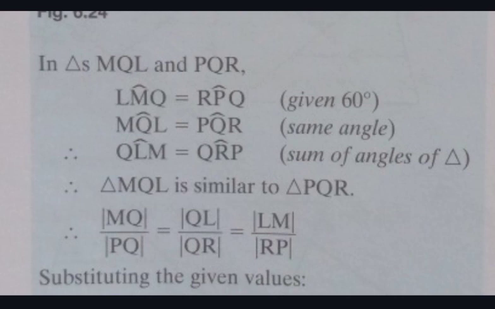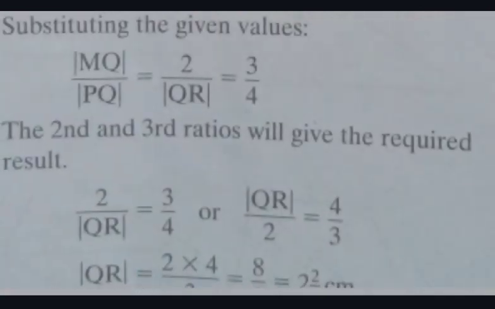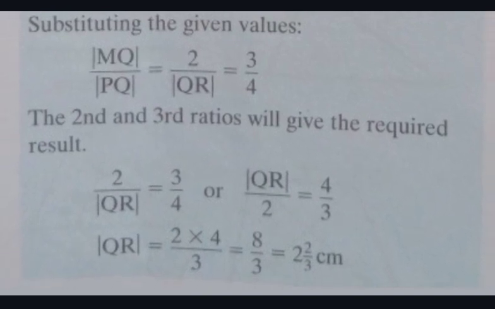Now, if we are to find any of the values, we can do that by simply substituting the values we are given in the question for the ones we are not given. If we do that carefully, we have this. 2 over QR will be equal to 3 over 4. We were not given MQ, we were not given PQ, and we are also not given QR, but we are given the others. So we can use the second and third ratios to get the value of QR, which the question requires us to find.